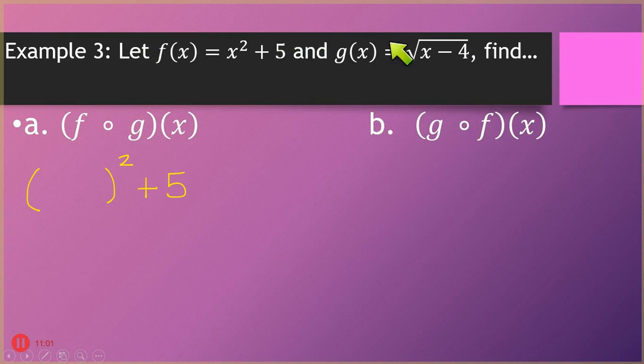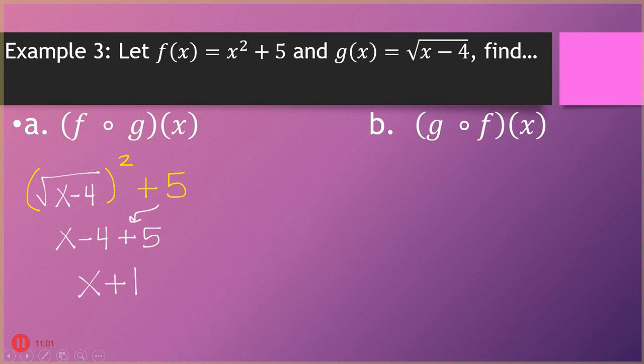But now the something that we're going to drop in is g, which is the square root of x minus 4. So in this section of our function, we are squaring a square root, and because they're inverses, they cancel. So we're left with x minus 4 plus 5, which results in x plus 1.